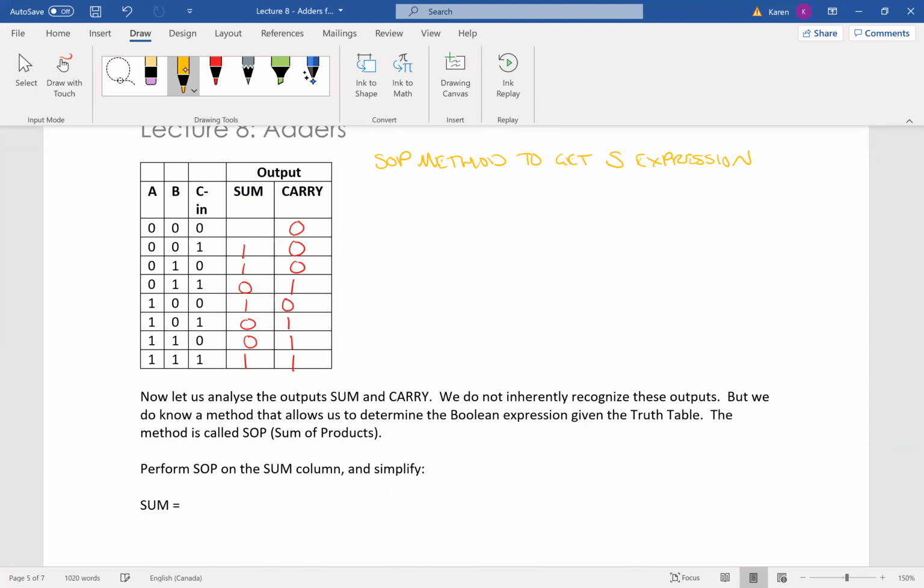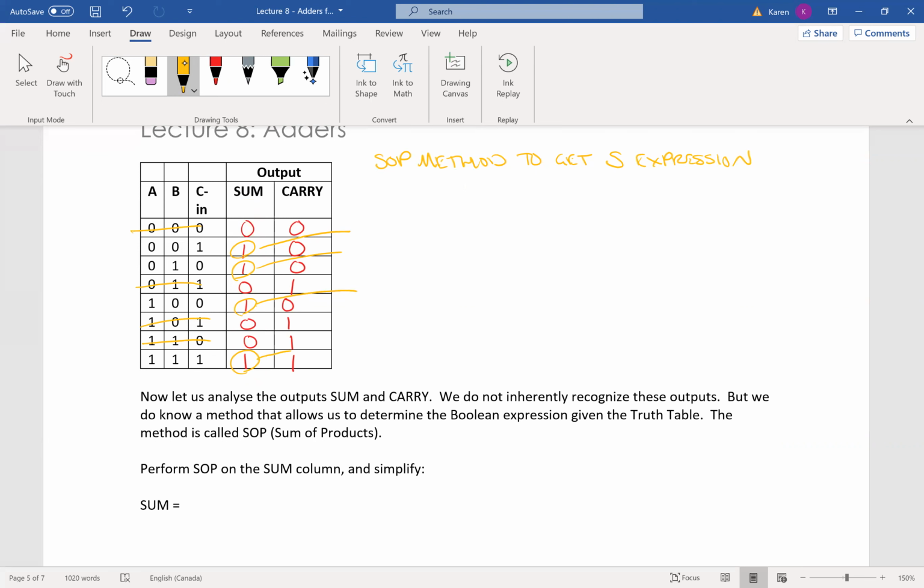Remember the sum of products method. The sum of products method says, circle all of the values with a 1 on the output. Ignore everything else. So we can ignore all of these lines. And we can say that sum must equal, or I'll just do it longhand here.